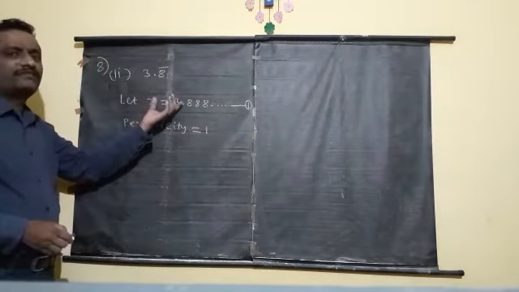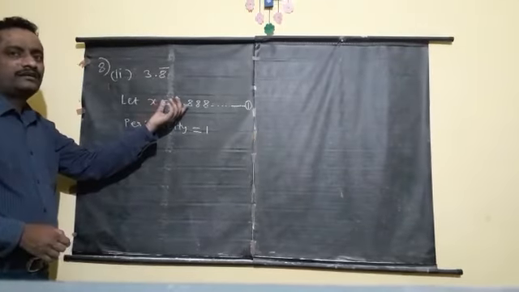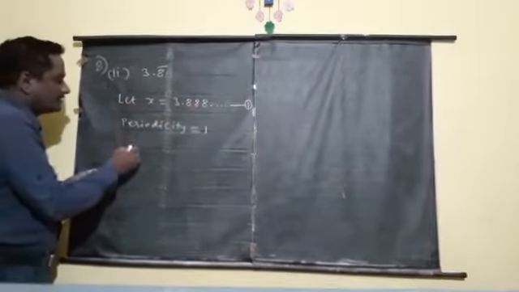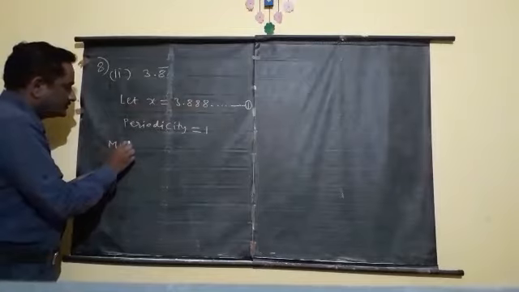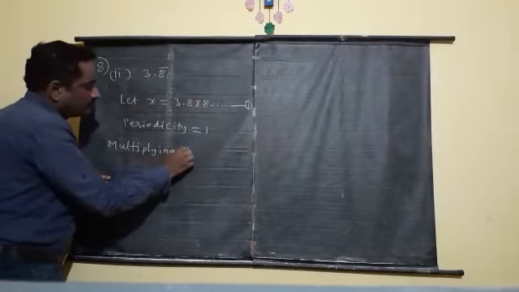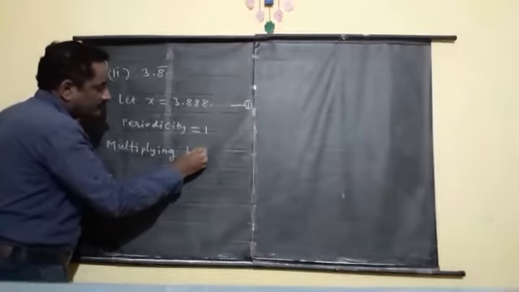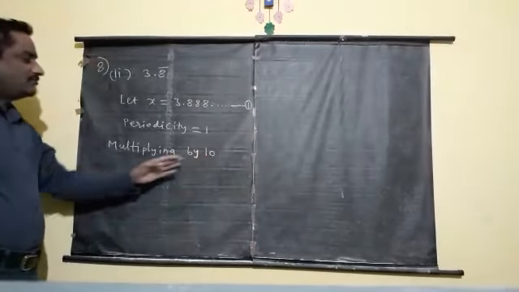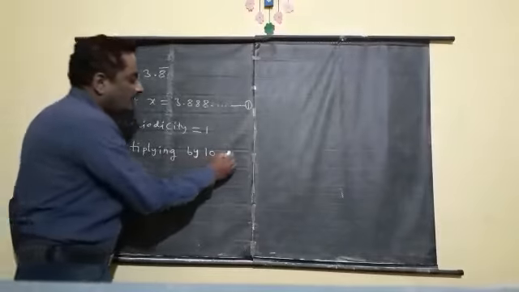So this first equation we have to multiply by 10 on both sides. So first equation, multiplying by 10 on both sides.